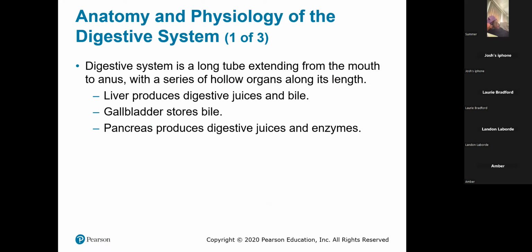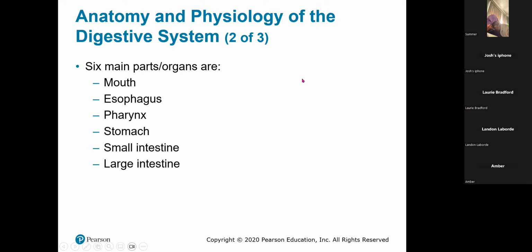So, anatomy and physiology of the digestive system. Your digestive system is basically a long tube that extends from the mouth all the way down to the anus, and there's a series of hollow organs along its length, such as the liver, which produces digestive juices and bile, the gallbladder, which stores bile, and the pancreas that produces digestive juices and enzymes.